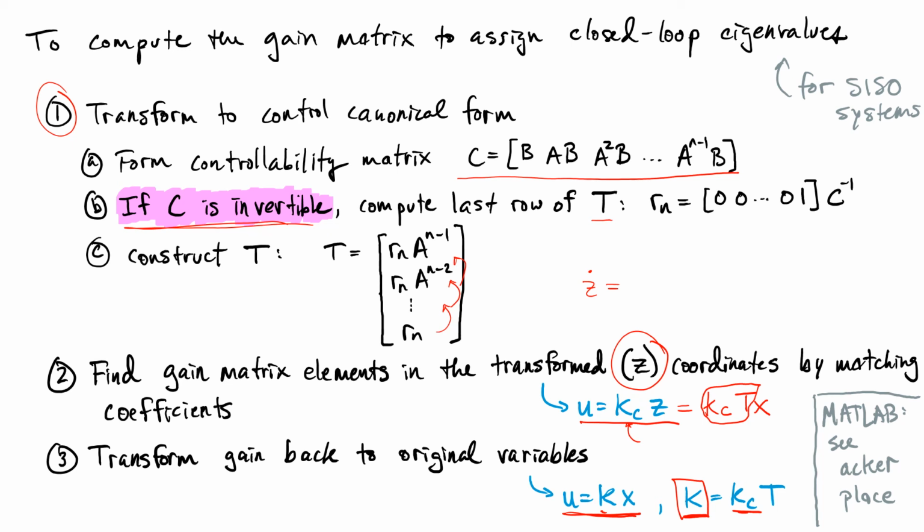And so what you're noticing is that one of the key criteria for being able to do that is that you need this controllability matrix to be invertible, or another way of saying that is to be full rank. And so that ends up being a very fundamental result in the state space analysis of linear dynamical systems.